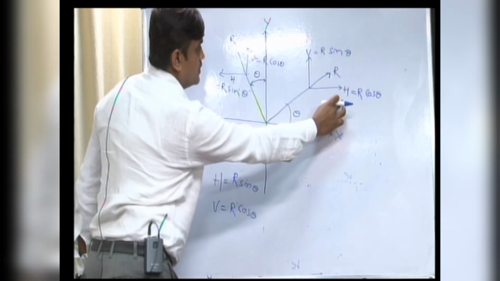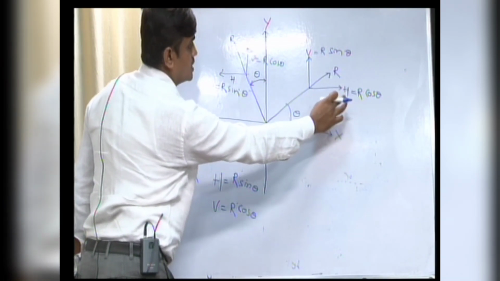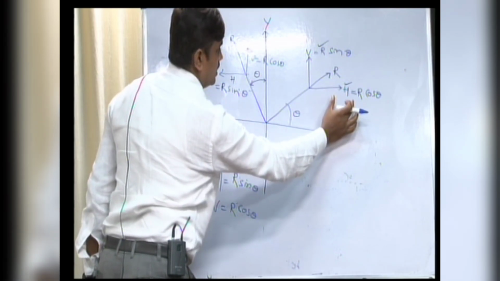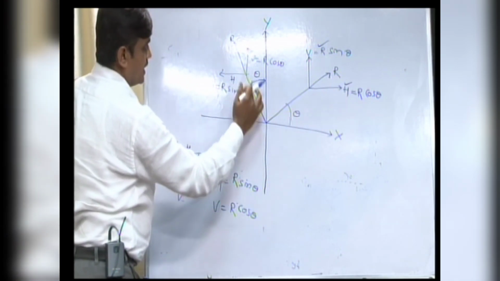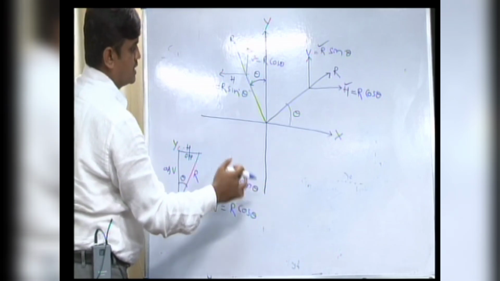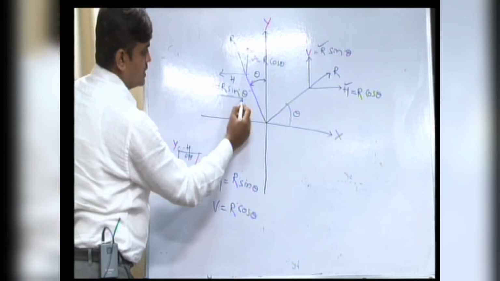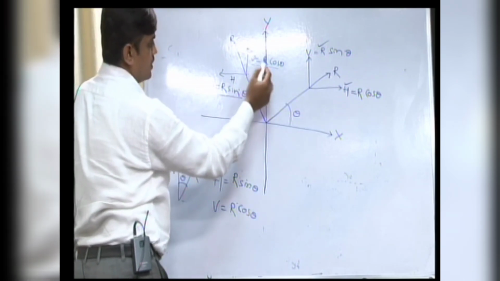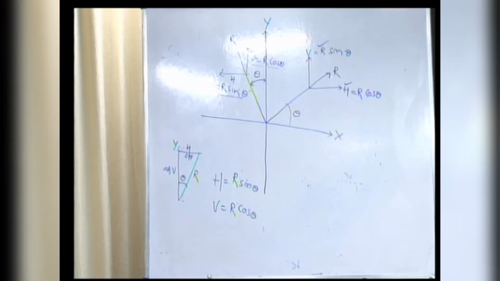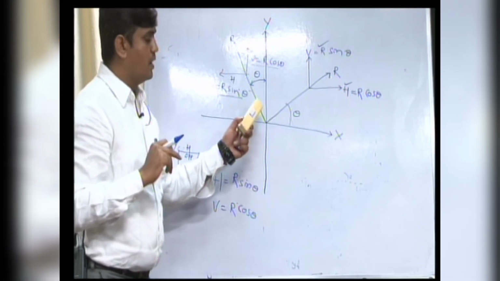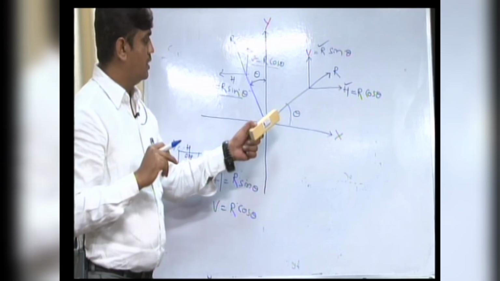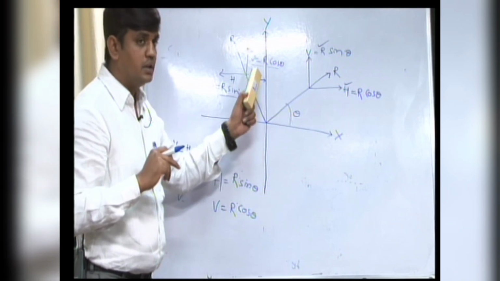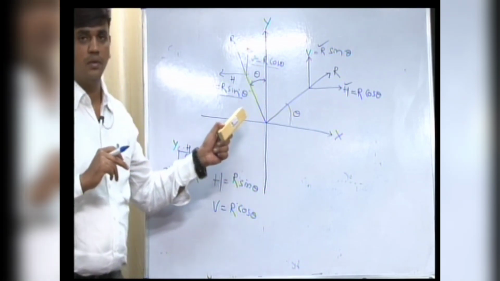The horizontal component H is equal to R cos theta and V is equal to R sin theta. You can observe here. Similarly, if the force is making an angle with the vertical y axis, the horizontal component will be R sin theta and the vertical component will be R cos theta. So this is where we have to concentrate, whether the force is making an angle with the x axis or the y axis. We have to concentrate on that portion.